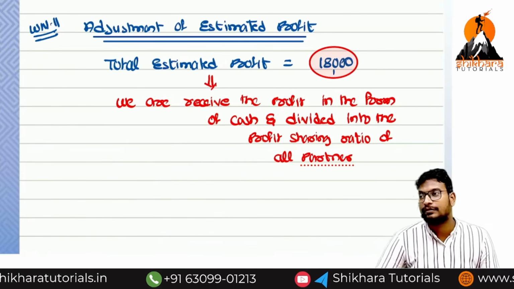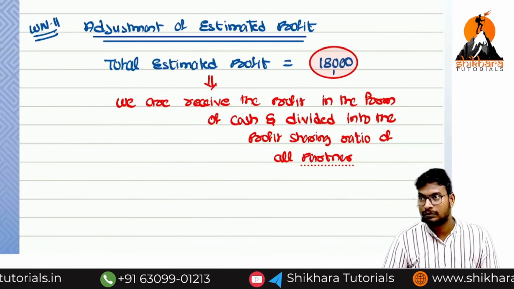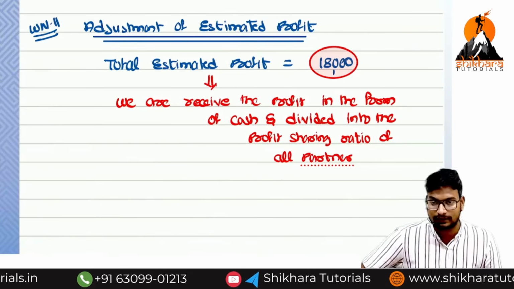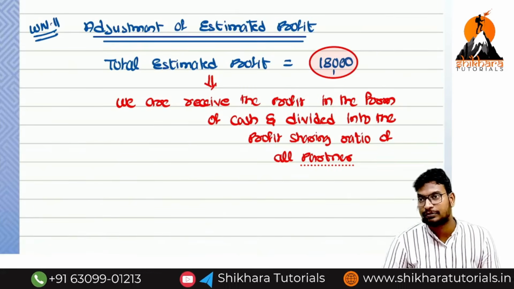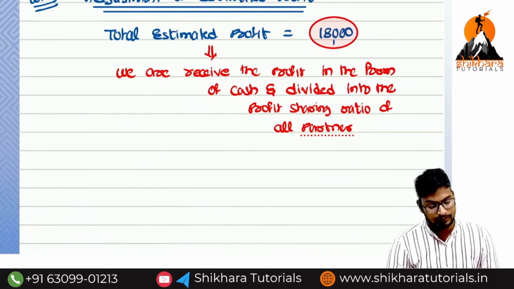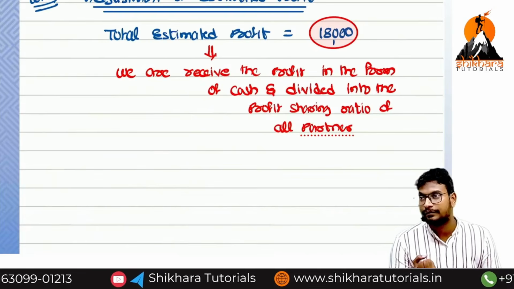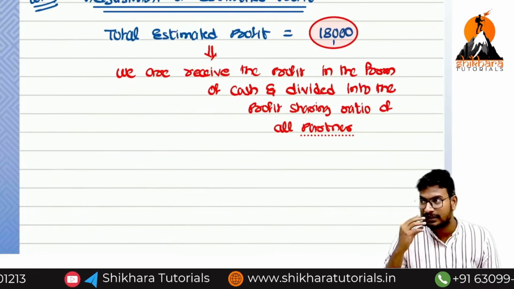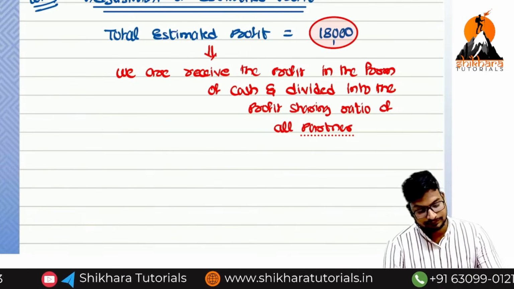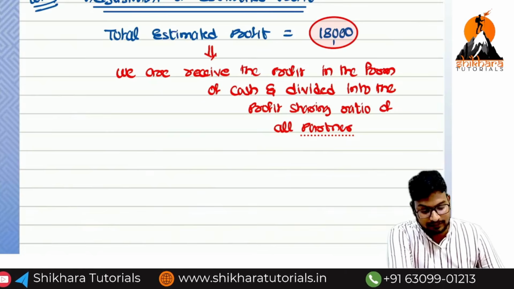Who are all the partners? Compass, Cone, Circle. All the partners means old proportion or new proportion? Old ratio. We receive it in cash, so we need to increase the bank balance and the capital balance. So what is the entry? Bank account debited to capital accounts.